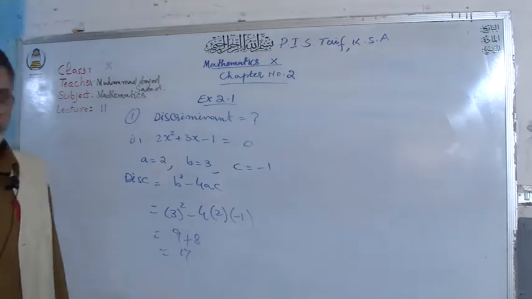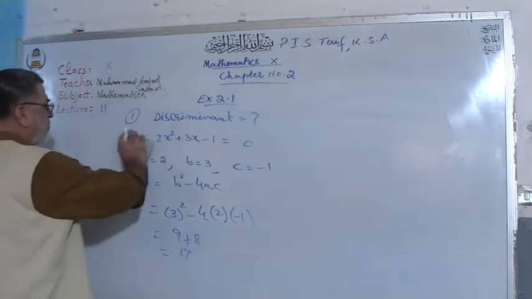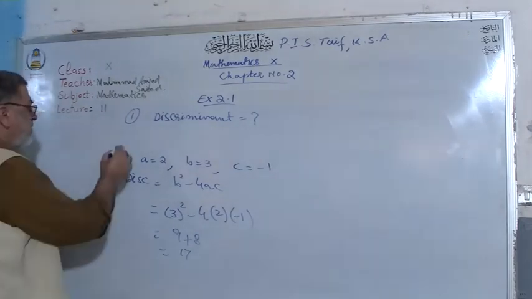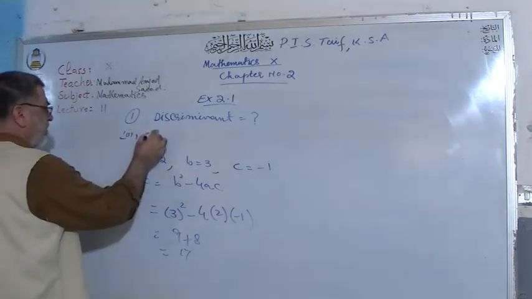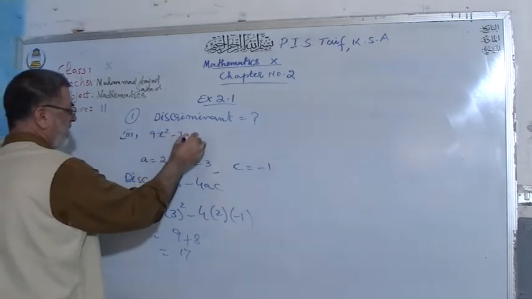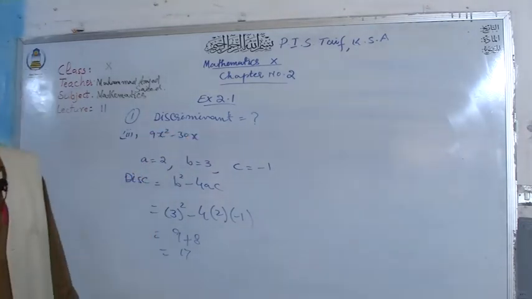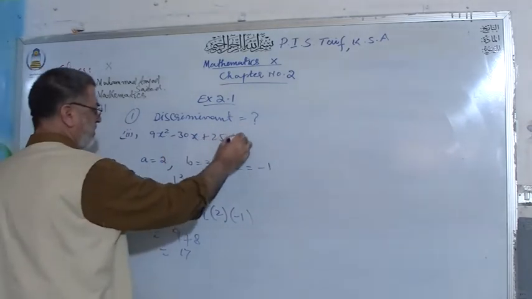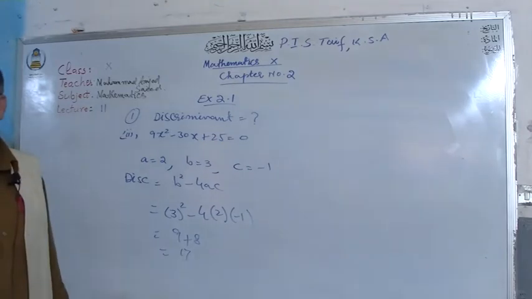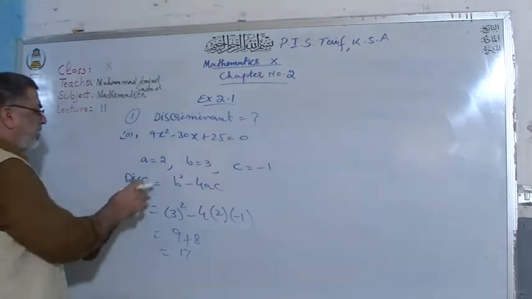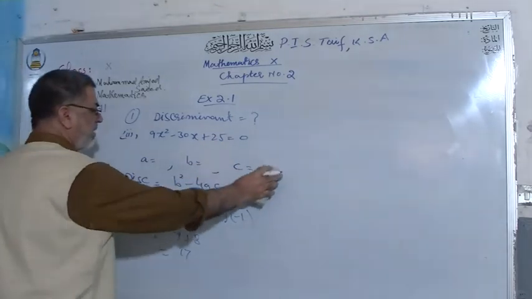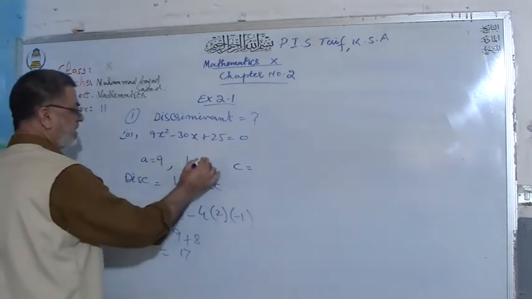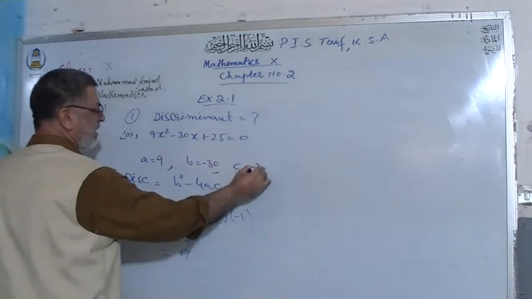Part number 3: 9x square minus 30x plus 25 is equal to 0. Here you can see a is equal to 9, b is equal to minus 30, c is equal to 25.